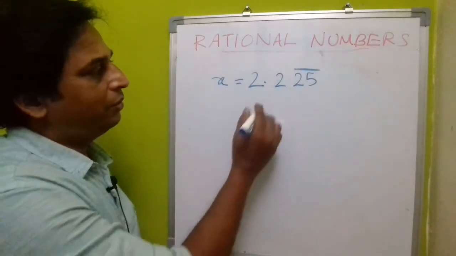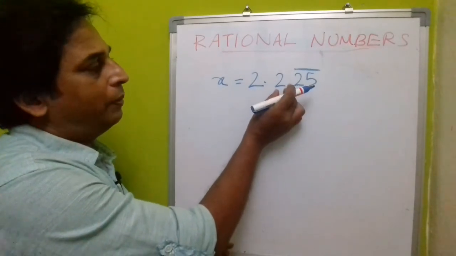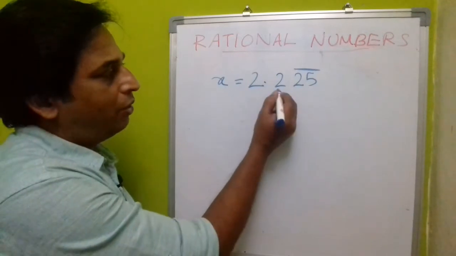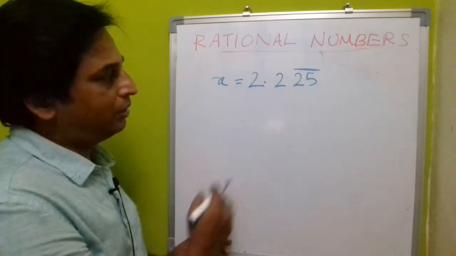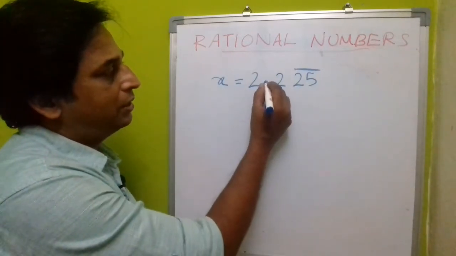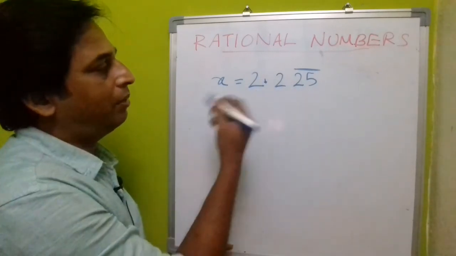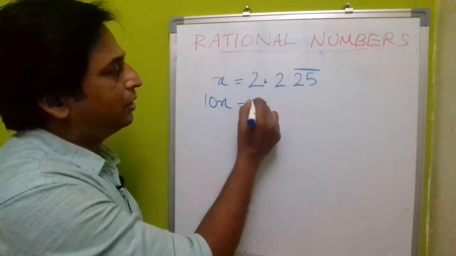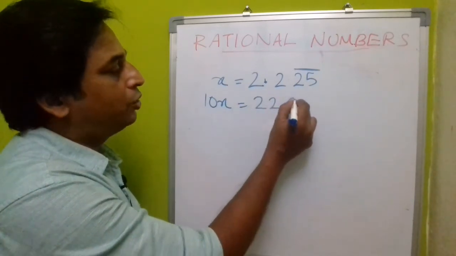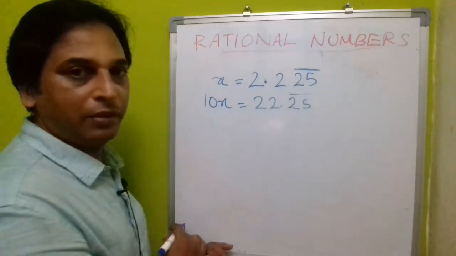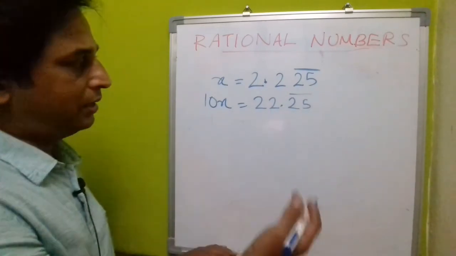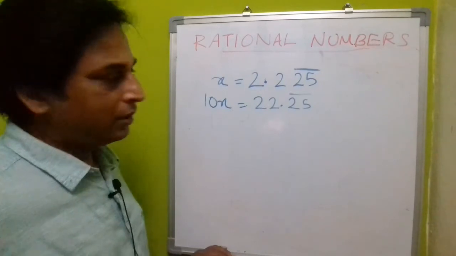Then the first thing you need to do is bring the non-repeating portion to the left side of the decimal. Here only one digit is non-repeating, so we will have to multiply it by 10. So this will become 22.25 being repeated. Here only the repeating block is on the right side of the decimal point.